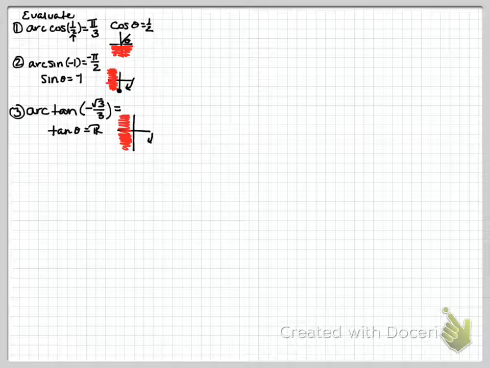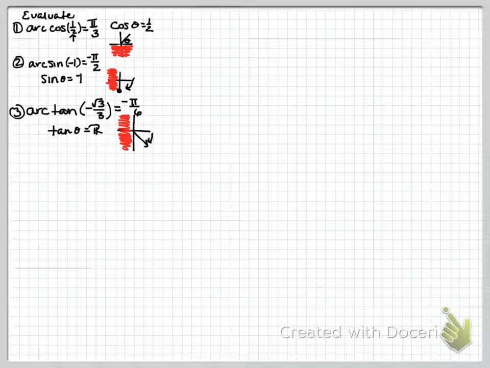So negative root 3 over 3 is negative pi over 6. So that's our angle. So we're down in this quadrant somewhere. Again, making sure we don't go into our red zone or no-fly zone. We can't cross over that axis. As soon as we cross over our axis, we've messed everything up.